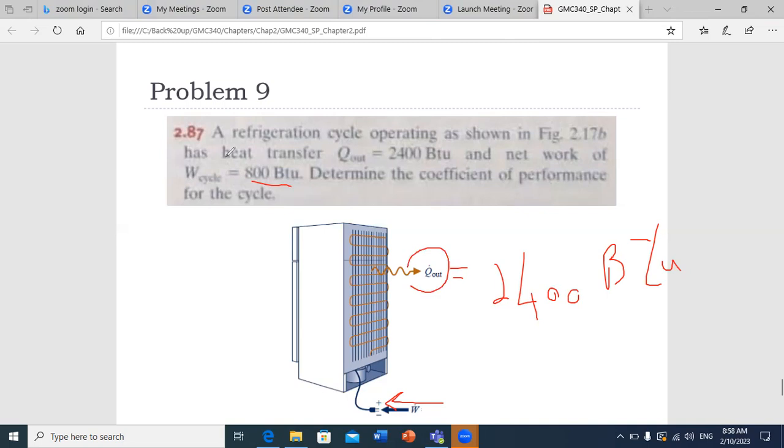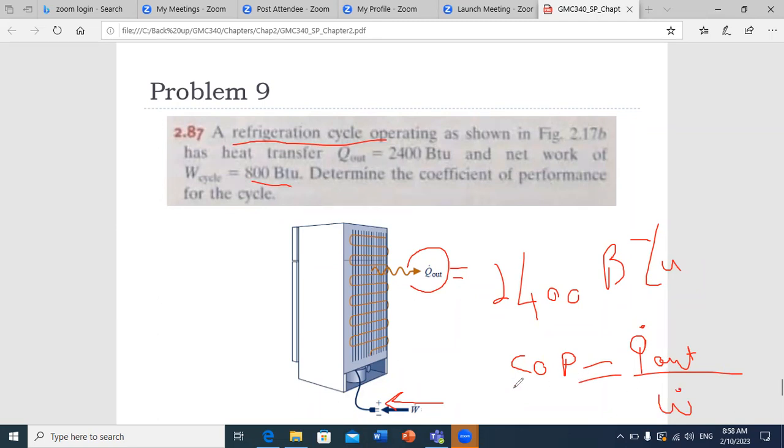So whenever we talk about refrigeration coefficient of performance, COP, we should divide, because it's refrigeration, we care about the heat that is leaving the system. It's Q dot out over the electrical power that we are putting into the system, so over W dot.